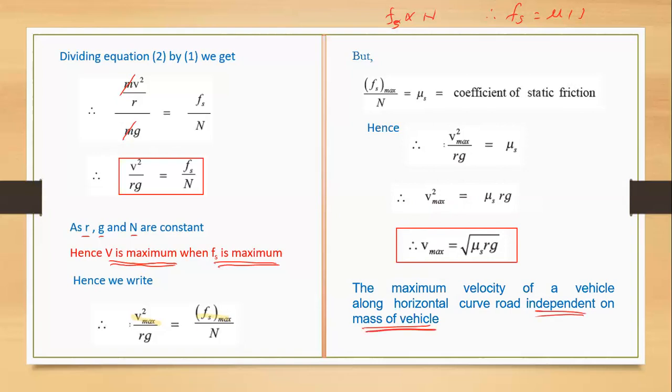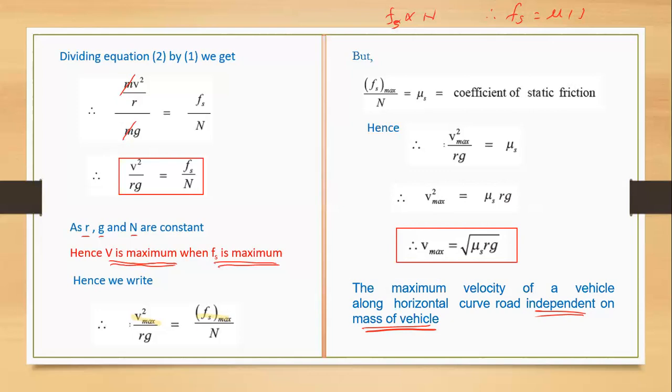Now pay attention. In a Ghat section, you have already seen a speed limit board, 40 km per hour, 50, 60, whatever it may be. And that speed limit is the same for all vehicles, because this maximum speed is independent of the mass.